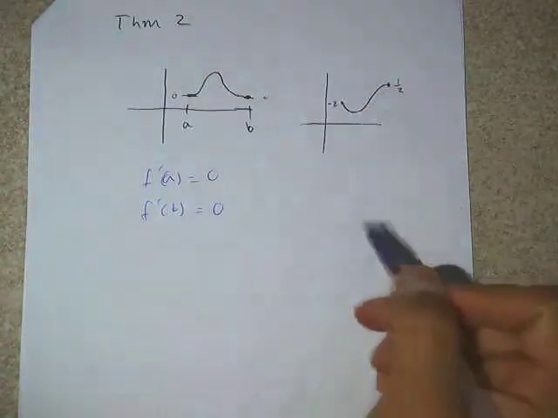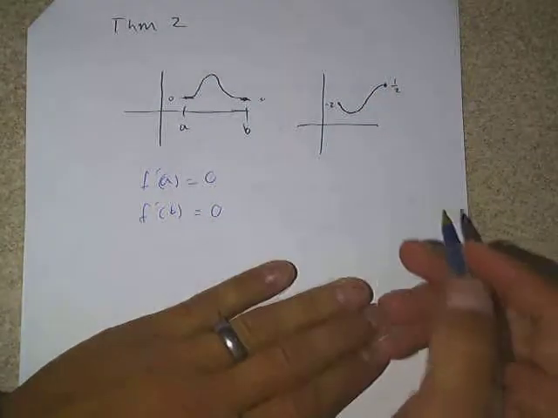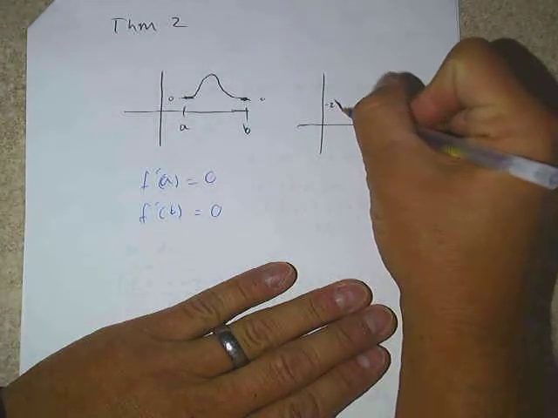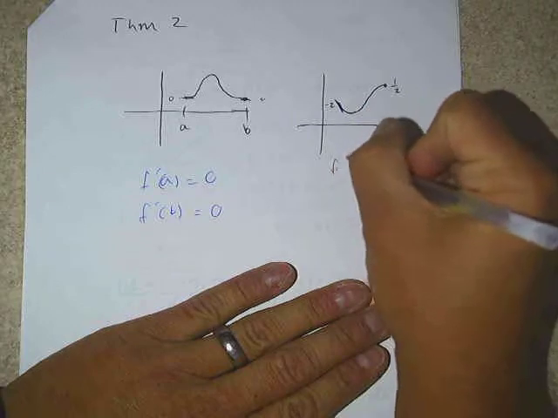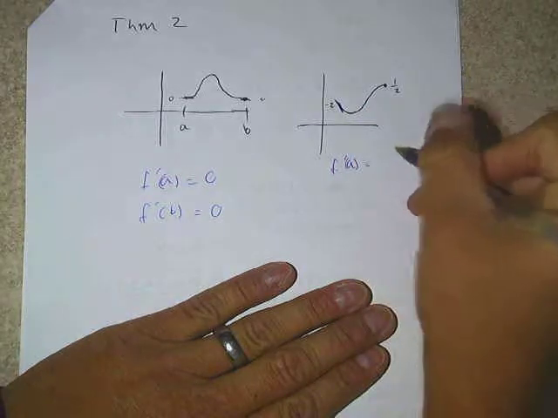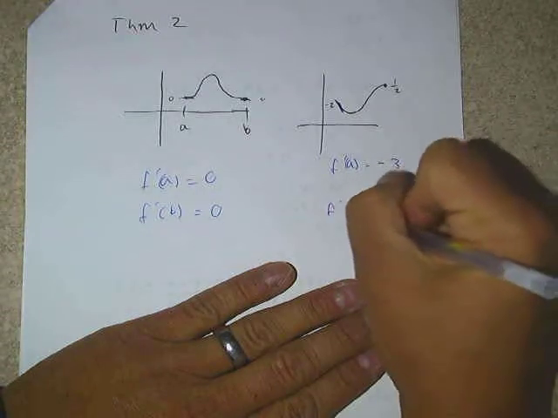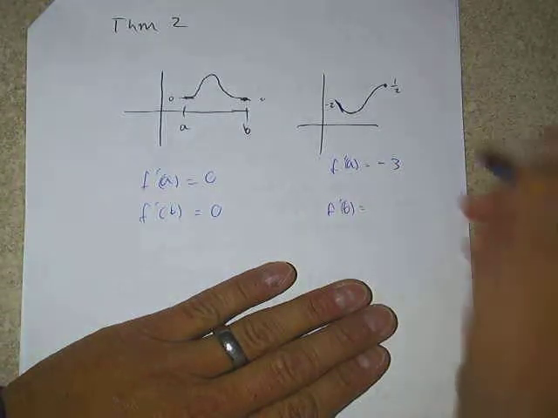And if you look at the function, does it have a derivative of 0 somewhere in between? Yeah, in my picture, it's here. Could there be more than one place where the derivative equals 0? Sure. But it guarantees that there's at least one place where the derivative equals 0.